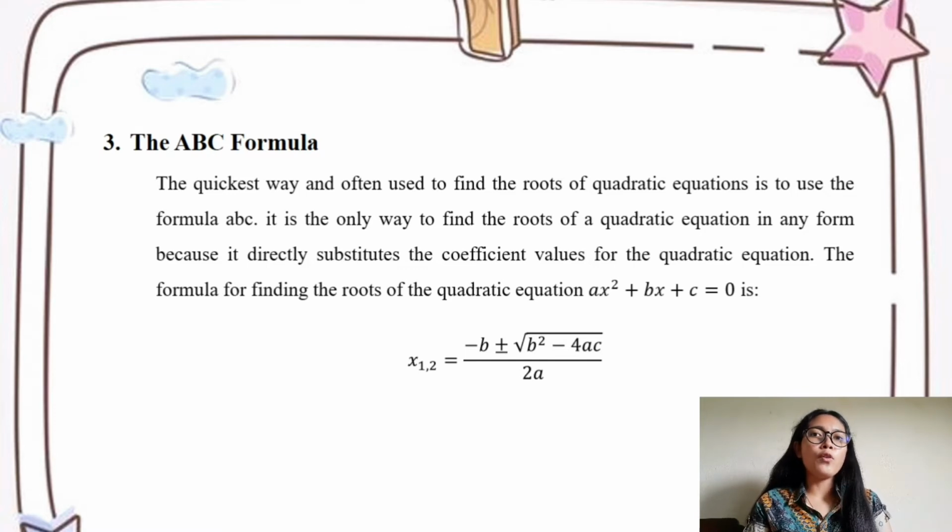The formula for finding the roots of the quadratic equation ax squared plus bx plus c equals 0 is x1,2 equals minus b plus or minus square root of b squared minus 4ac, over 2a.